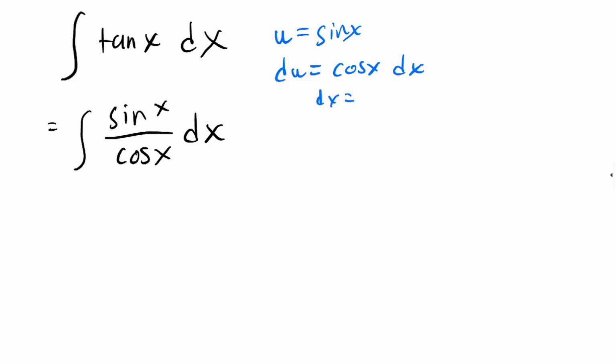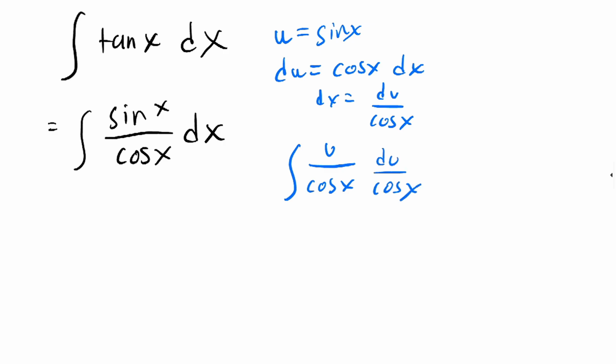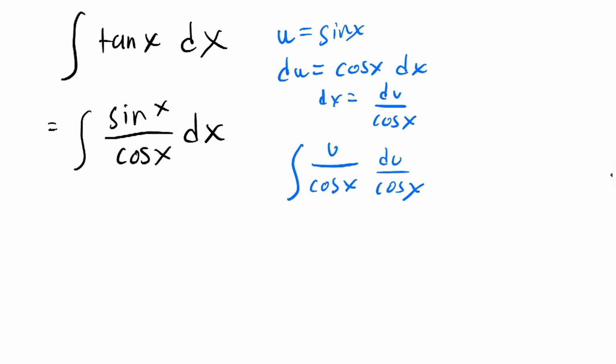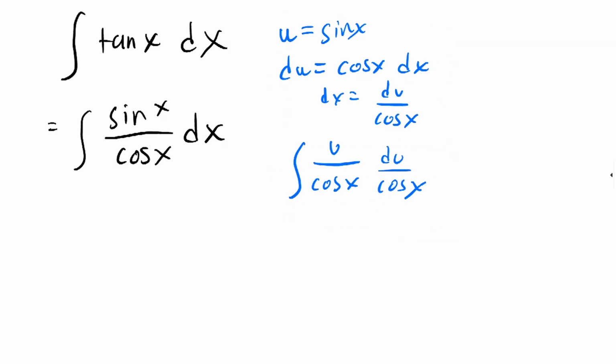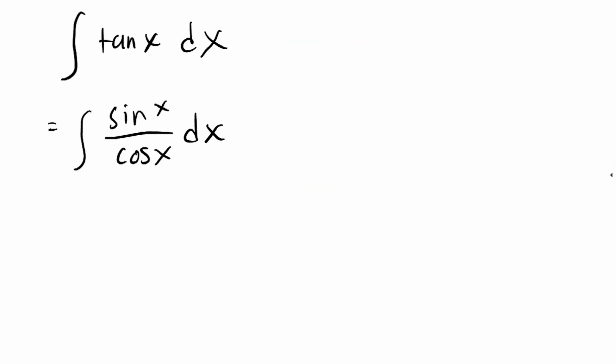Our dx is just du over cosine x. So if we finish this integral, we have u over cosine x times du over cosine x, and unfortunately we did not cancel it out, because this cosine x is in the denominator when we solve for dx. So we cannot let u equal sine x, unfortunately.